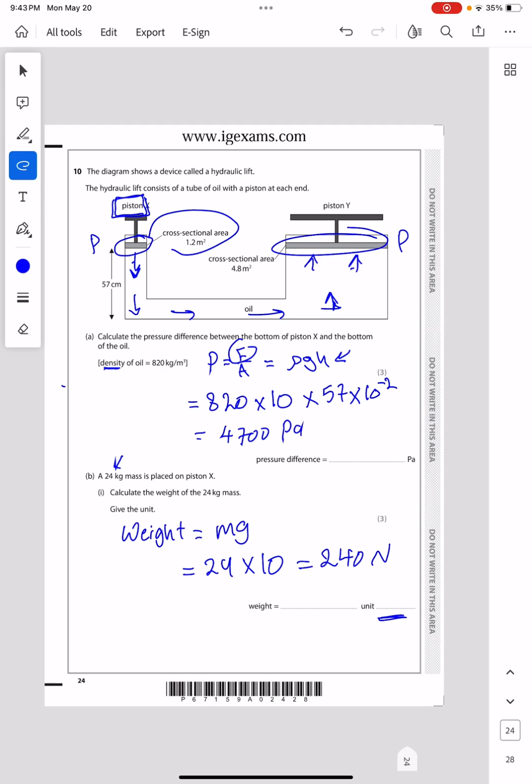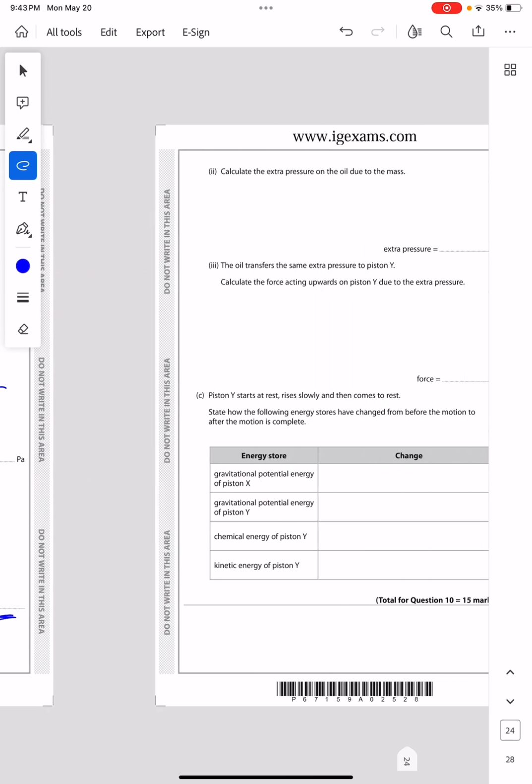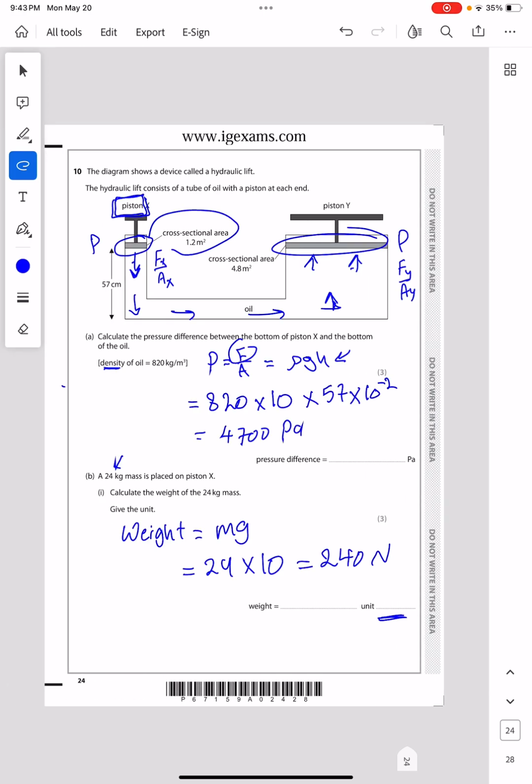If they are equal, it means that the A or the F, or both of them actually, are going to be changing. So here we have F over A, Fx, Ax, and here we have Fy over Ay. The pressure in both of them is equal, since it is due to the extra pressure, at least, due to this mass.